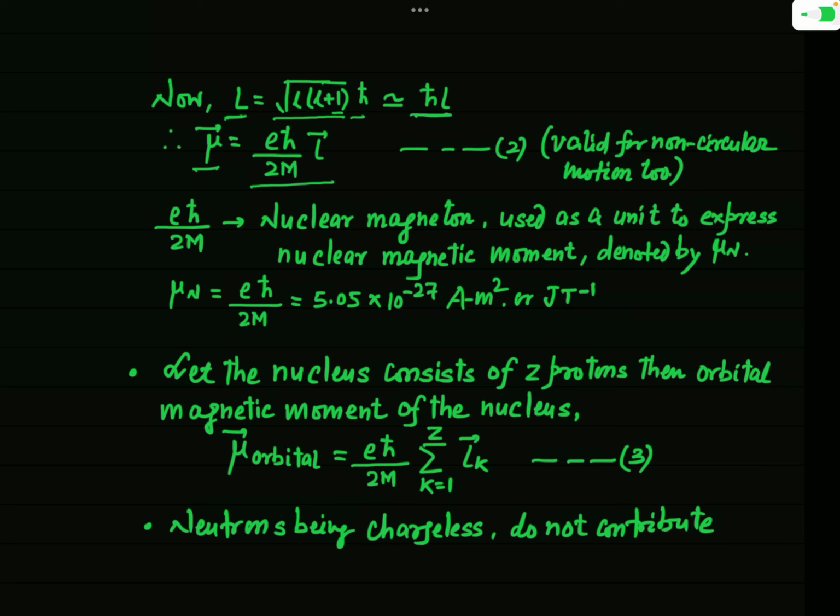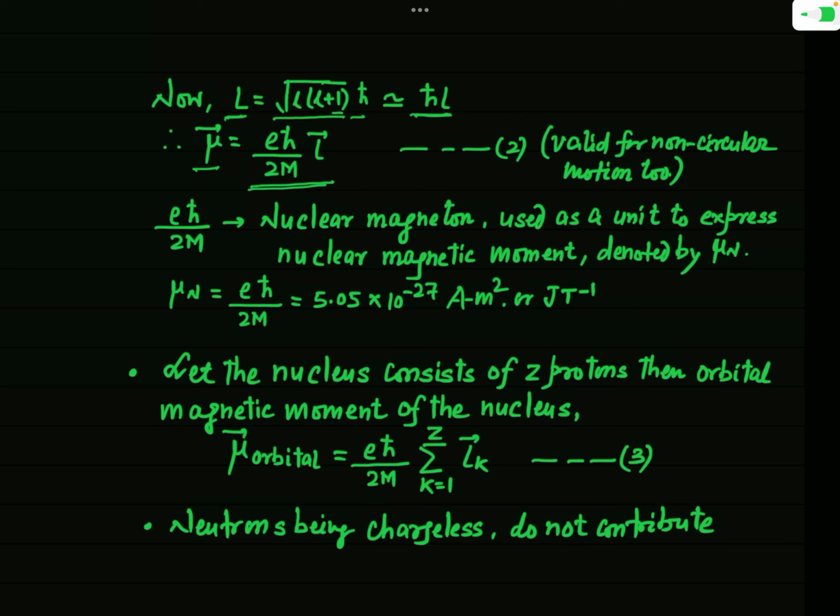As I have told you earlier that this result we have found by considering a circular orbit, that is, we have assumed that the proton is revolving in a circular orbit, but this result is valid not only for the circular orbit, but it will hold for non-circular motion too.